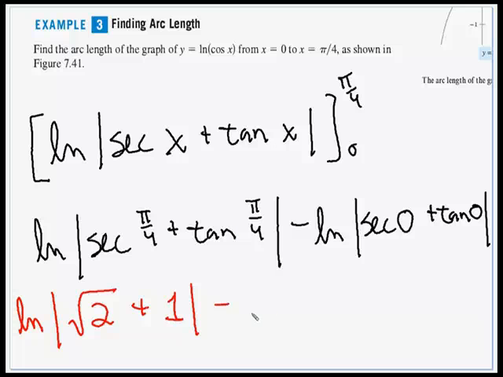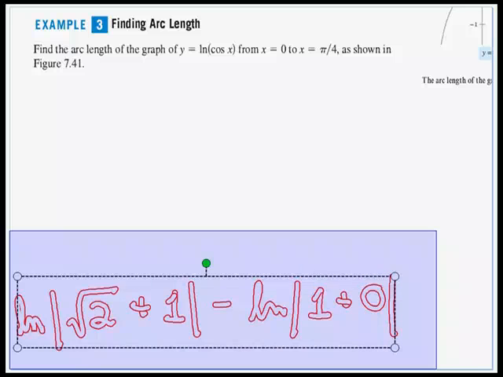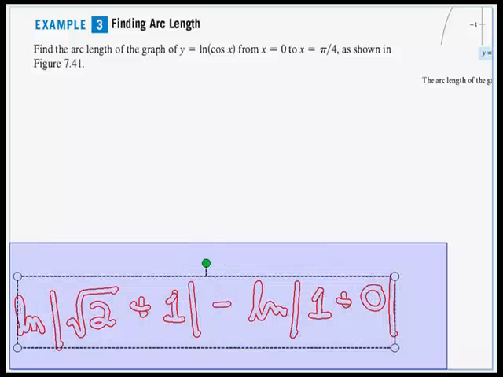And then minus the natural log of the secant of 0. Again, secant is the reciprocal of cosine at that point, so that's going to be a 1, plus the tangent at 0 is 0. So I guess we can drop the absolute value bars now. We could have actually dropped them in that last step, because we are dealing with positive quantities.